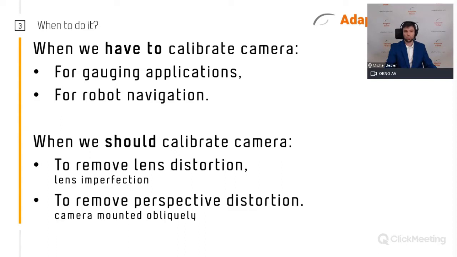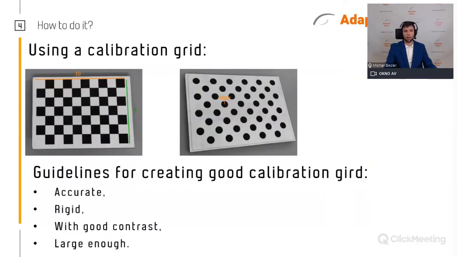Okay, once we know when to do it, now let's see how we can calibrate our camera. So we need a calibration pattern. We need a grid of known features that are easy to recognize on the image.